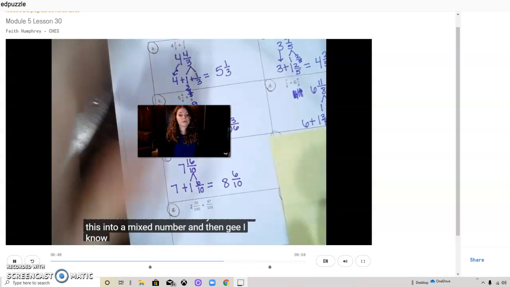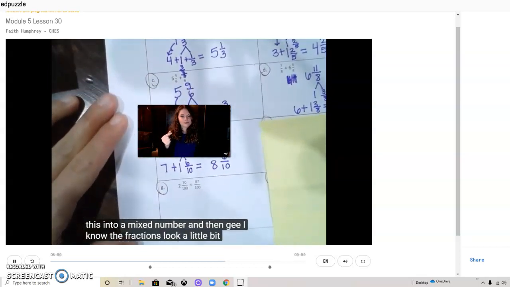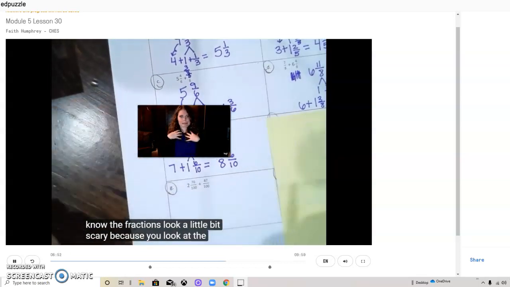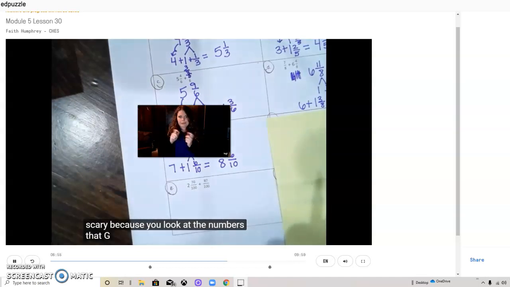And then G, I know the fractions look a little bit scary because you look at the numbers, but G is a lot of the same thing, guys.